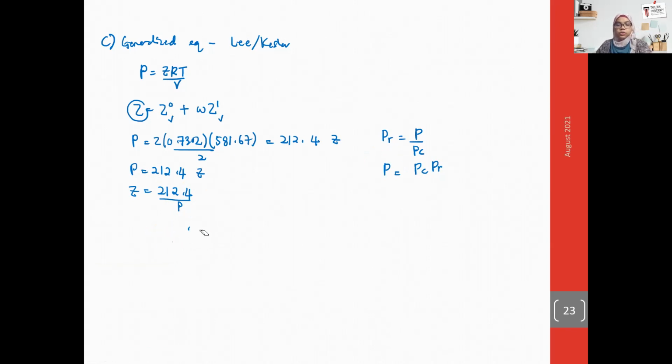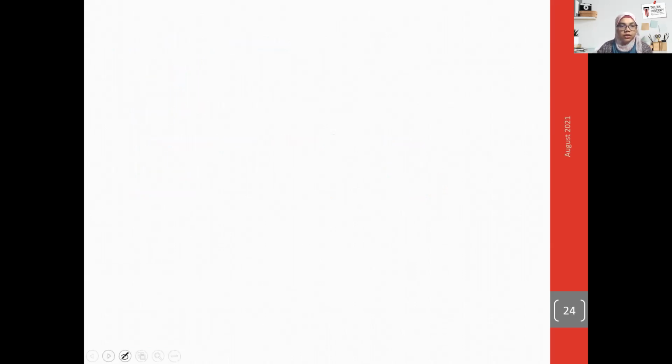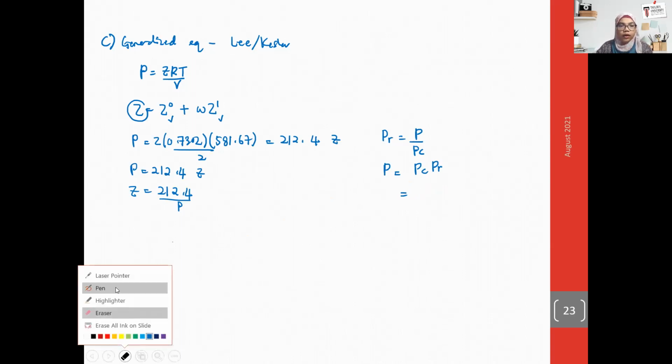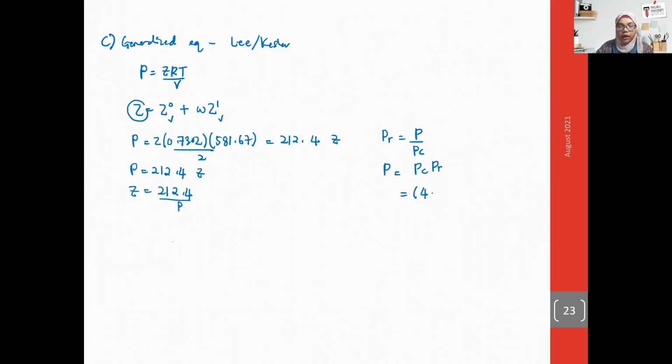We have PR, and we have the PC for methane. PC is already defined, right? Because we have methane, so you may insert it into this.